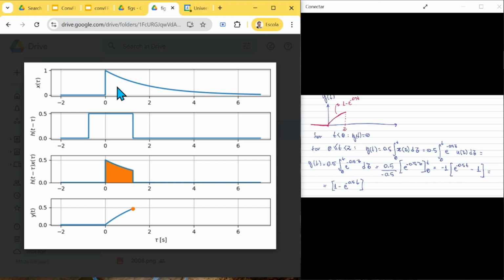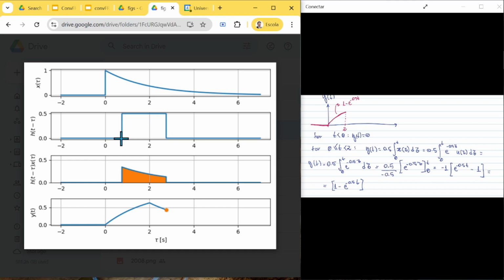Because from then on, there will be another expression, because the limits will be set completely by this rectangle here. So the limit of the integral will go from t minus 2 to t. Okay, this is t, so this is t minus 2.